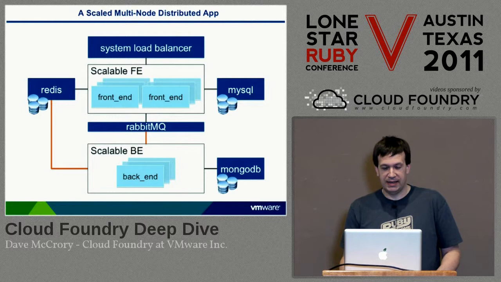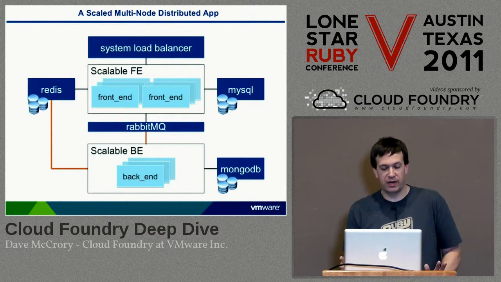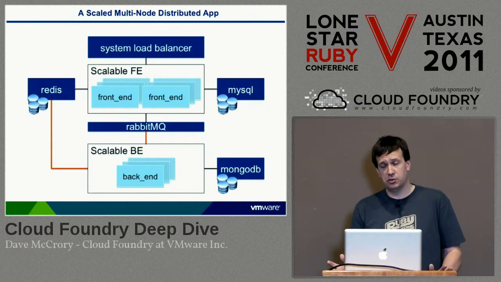So here's a scaled multi-node distributed app, and if you look, you'll see we've got some interesting components here. RabbitMQ is simply a messaging solution. We've got Redis. I'm sure most of you have heard of Redis. It's just an in-memory key value store.